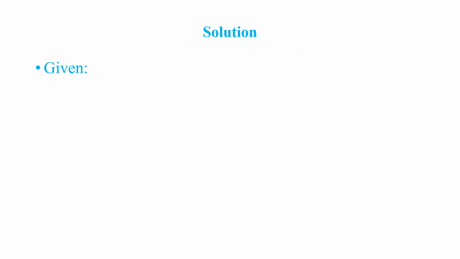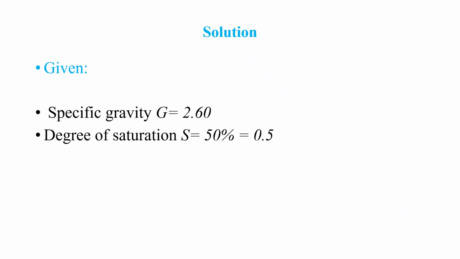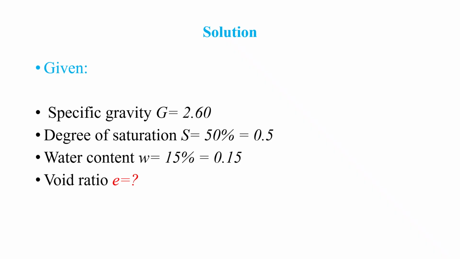Given specific gravity G equals 2.60, degree of saturation S equals 50%, that is 0.5. Water content w equals 15%, that is 0.15. And what is the void ratio?